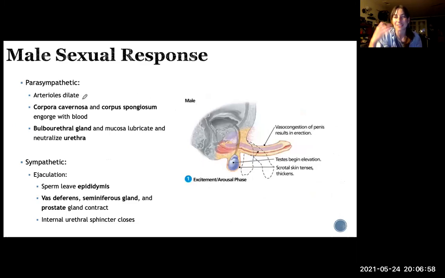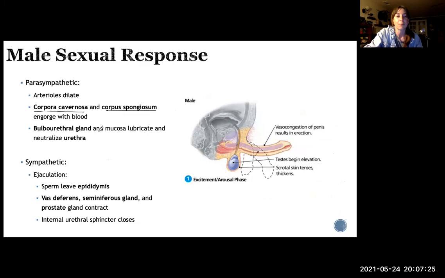It takes parasympathetic nerve fibers to vasodilate those vessels because they are constricted normally. So you have to dilate those blood vessels to allow blood to fill the penis, the corpus cavernosum specifically, and the corpus spongiosum to a lesser extent. Okay, so both of these receive blood.